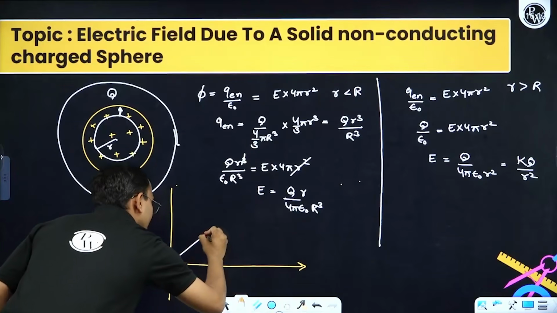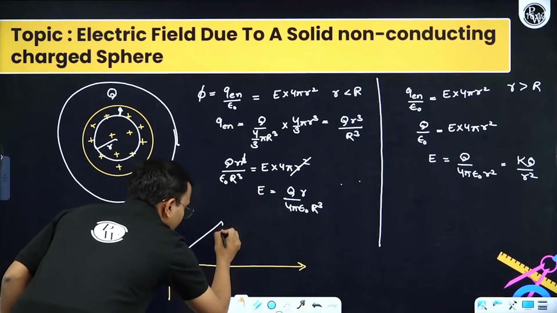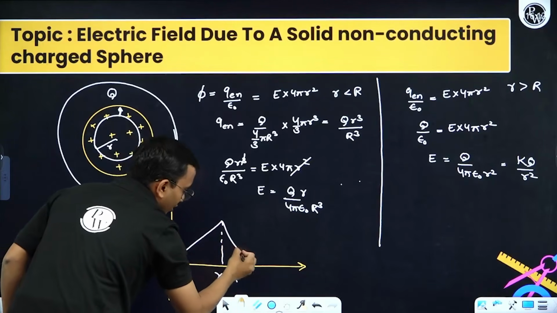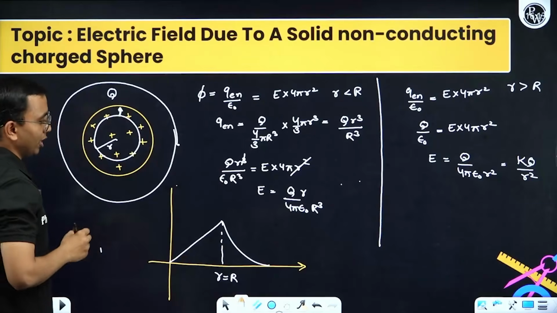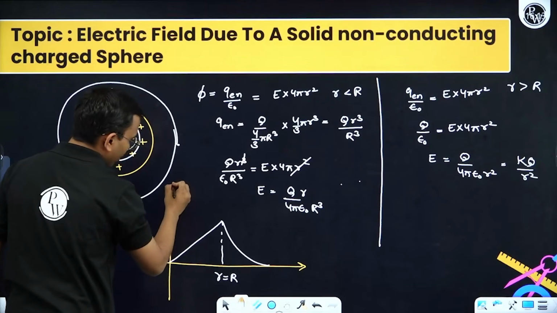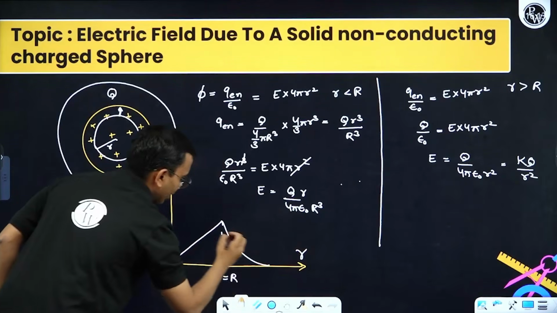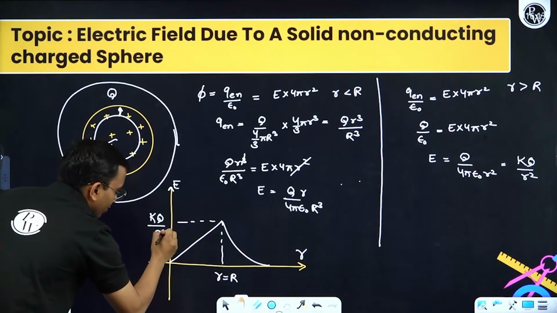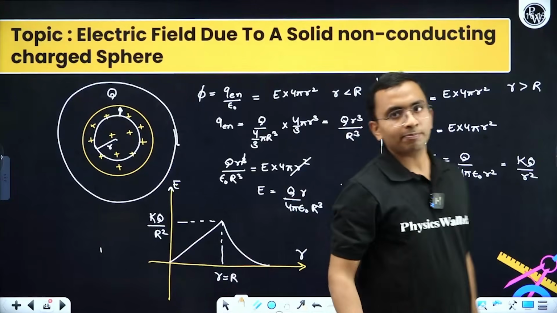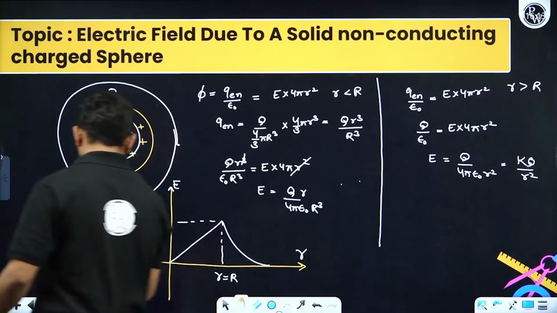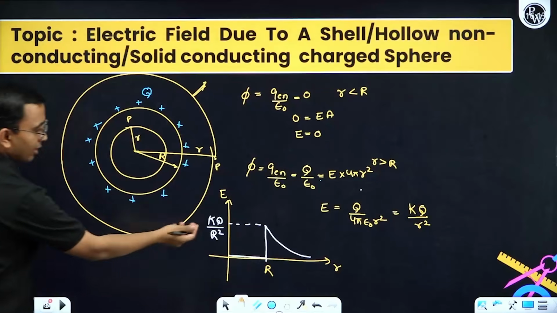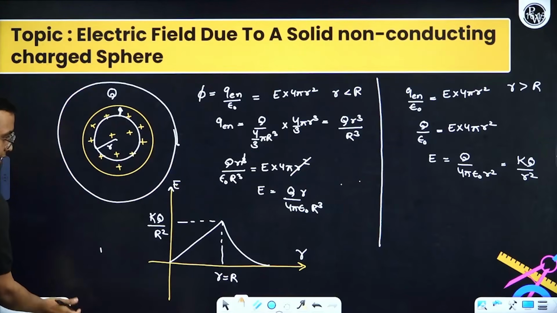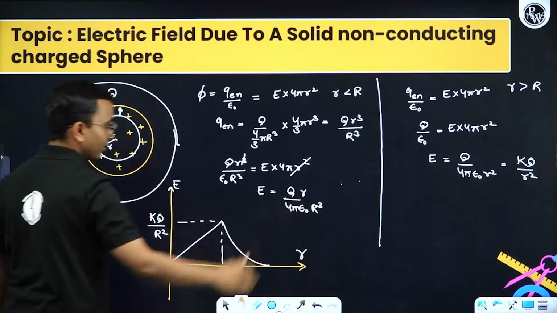First it will increase with distance like this till r is equal to R. After that it will decrease like this, 1 by r square proportionality. This is E versus r. This is kQ by R square. If you see the previous one, inside it was 0, outside it was having the same relation. Here inside it is not 0, it is increasing, outside it is having the same relation.